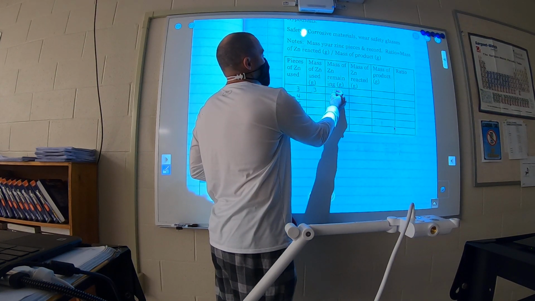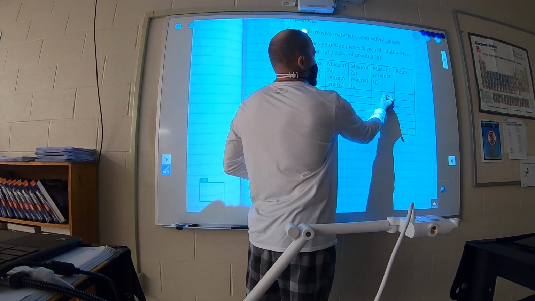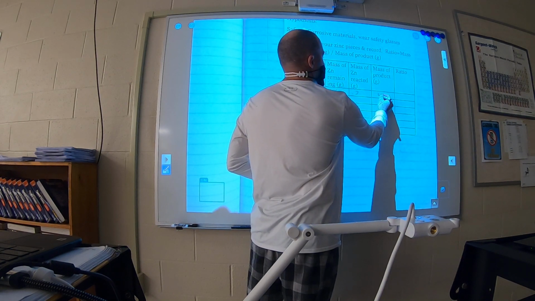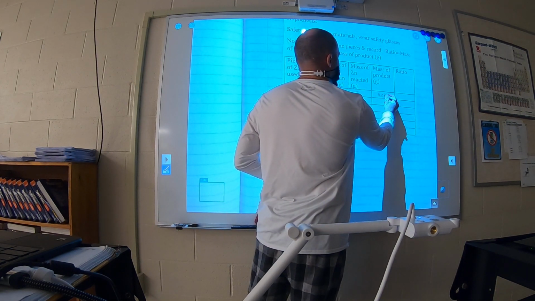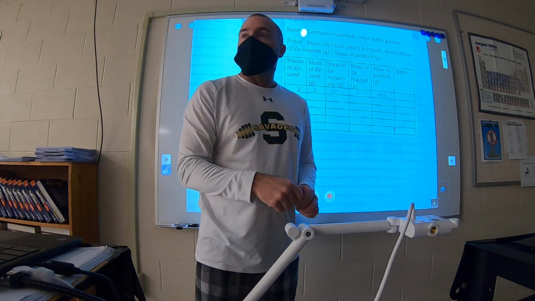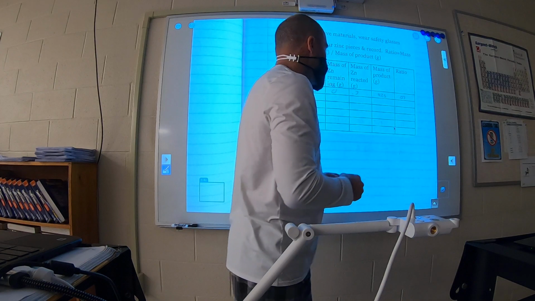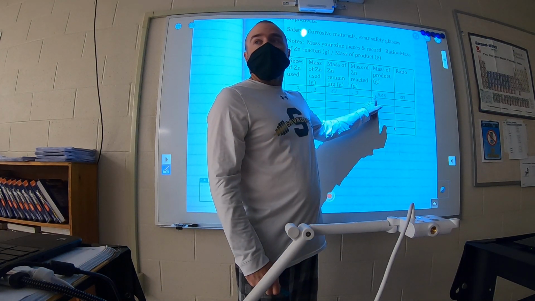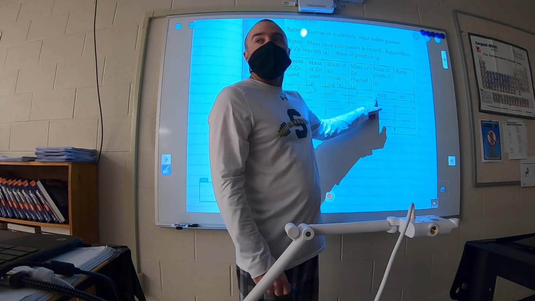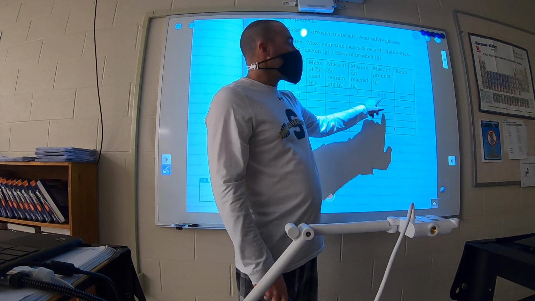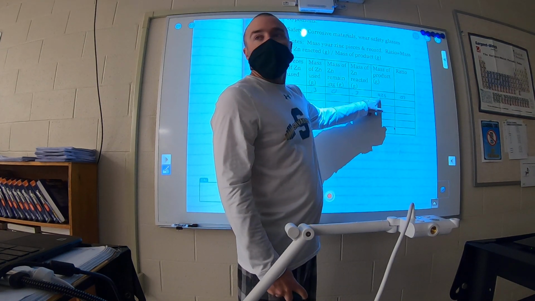Zinc remaining, 0. Product, 4.25. That's a large product. And what's the ratio? 0.07. Okay. I would say that you messed up this part here someplace. I don't know if you messed up on the massing of the evaporating dish, but something was wrong with this. It should have been a much smaller number.